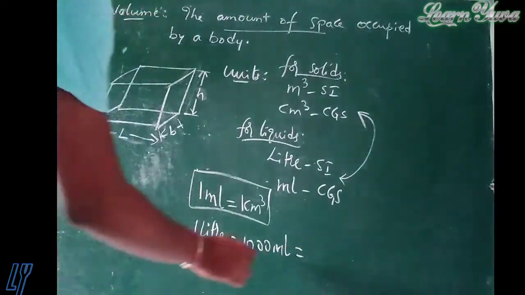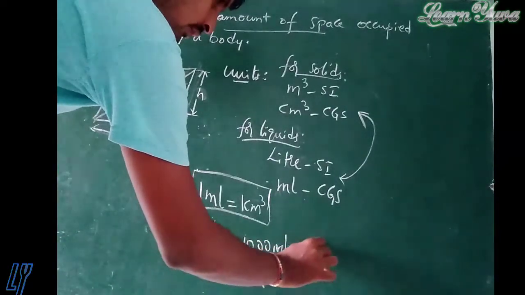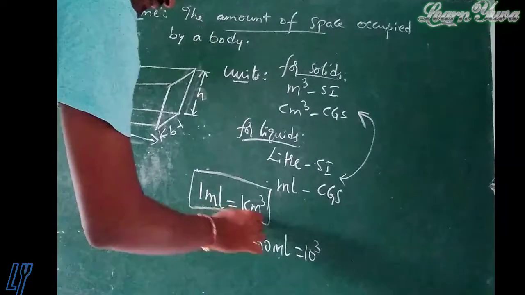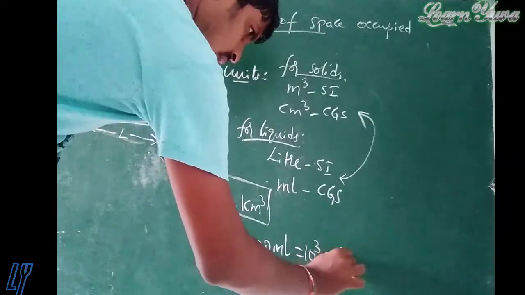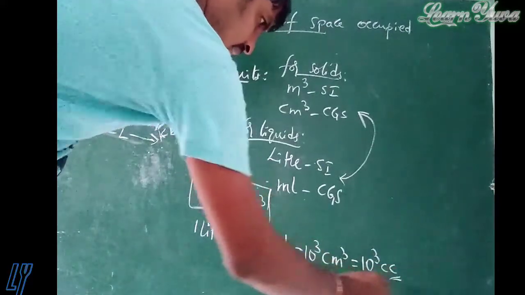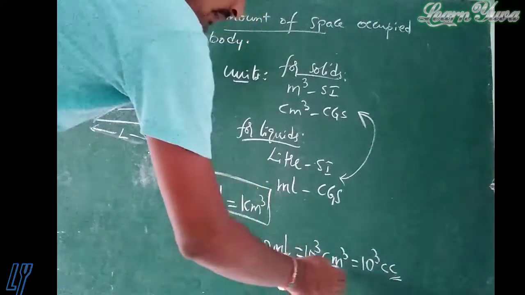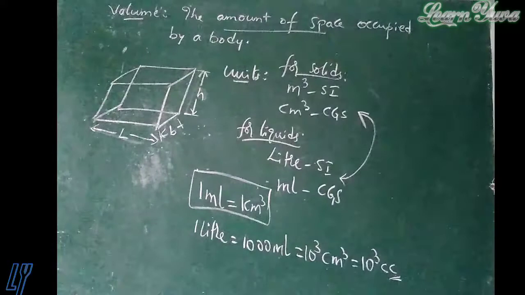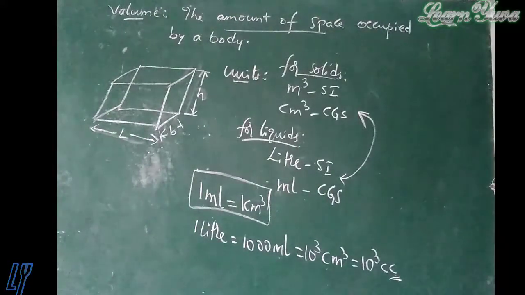That means 1000 can be written as 10 power 3, and ml is nothing but centimeter cube. So it can also be written as 10 power 3 cc. Cc means centimeter cube.